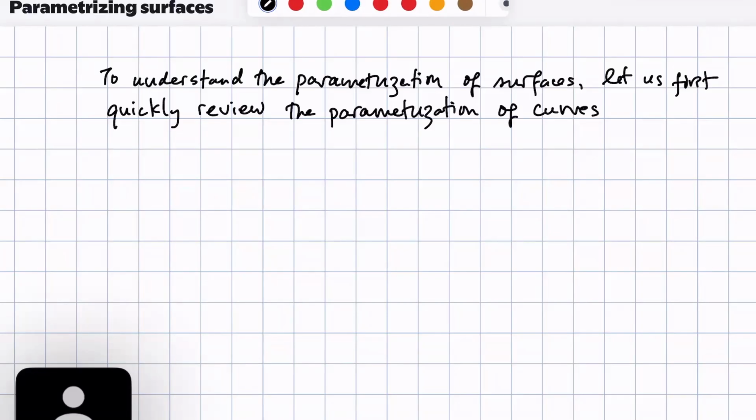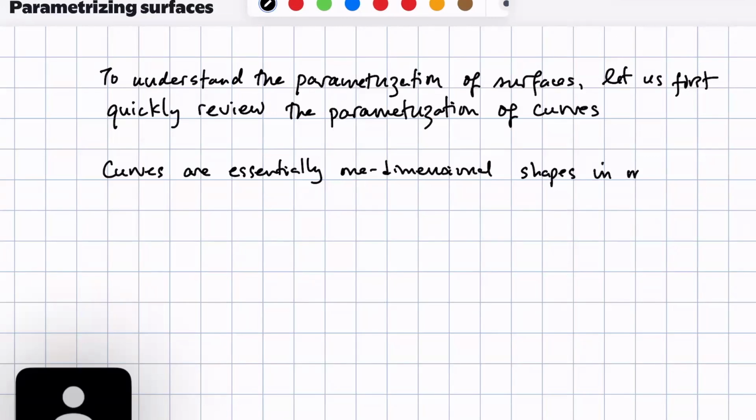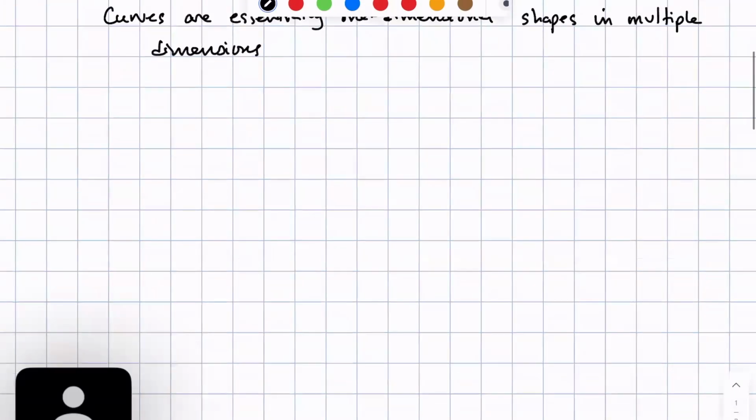So what are curves? Curves are essentially one-dimensional shapes in multiple dimensions. For example, a curve can sit in 2D.